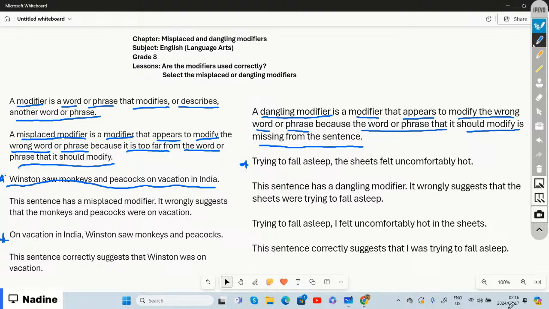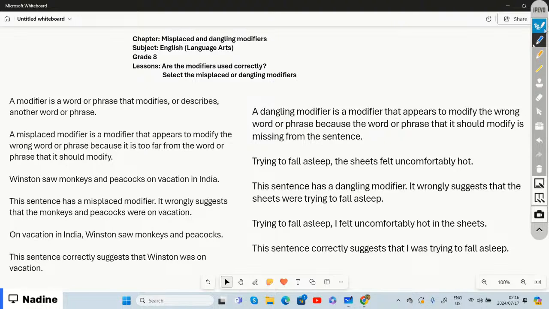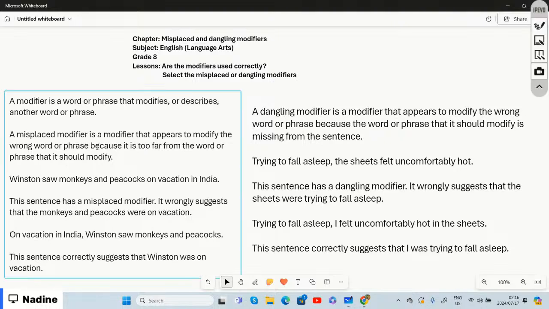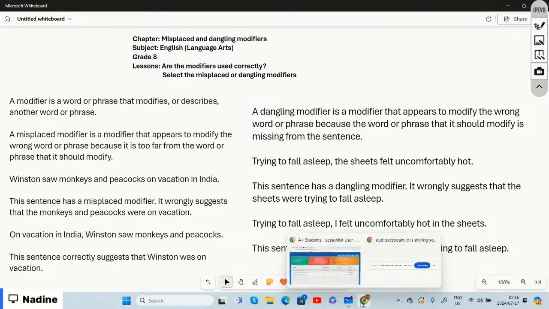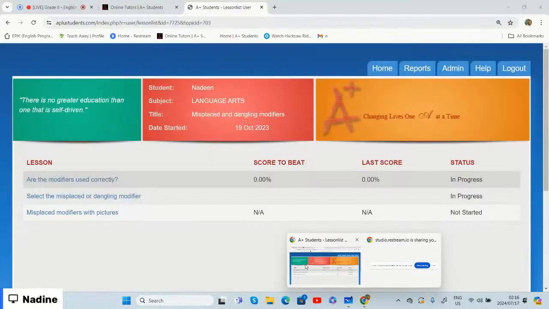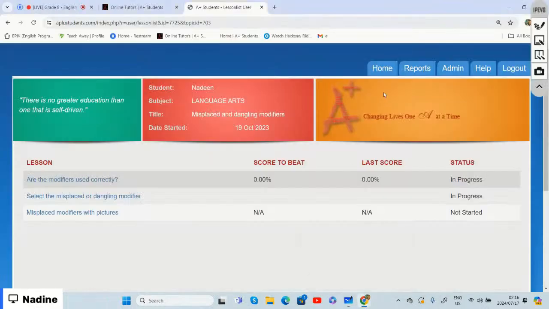So now we're going to aplusstudents.ca, where we are going to say which modifiers there are, or if it's been used correctly, and we're going to either select misplaced modifier or a dangling modifier.